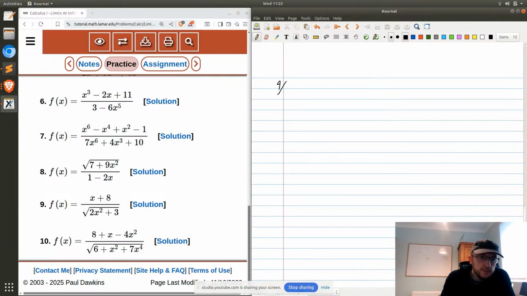And the 9th one. So this will start behaving more and more like root 2x. 1 over root 2 then.